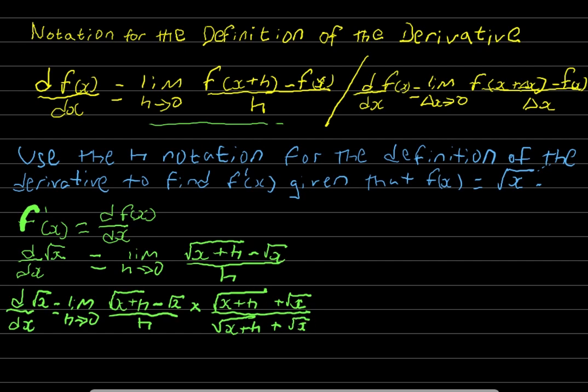So what we are going to do is distribute that. Let's put that in parentheses so that we don't make a mistake when we are multiplying. So we do expansion of these values. We say the square root of x plus h times square root of x plus h.